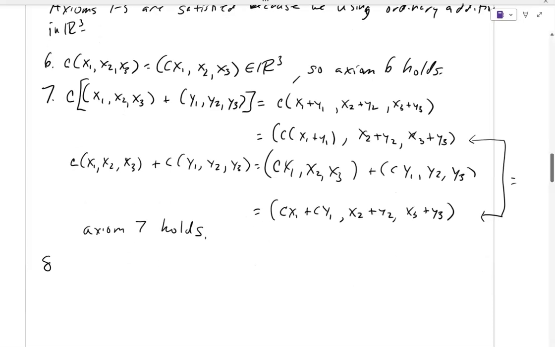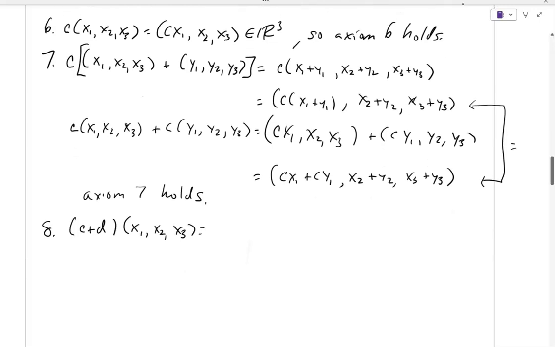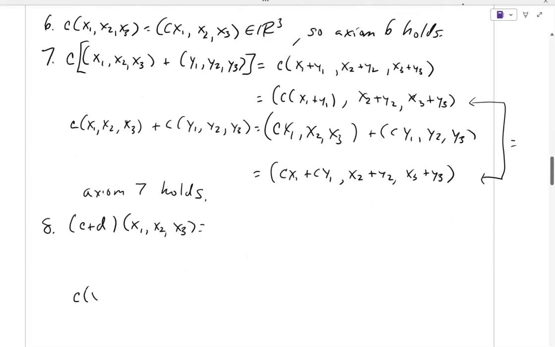Eight is the distributivity axiom the other way, right? It's (c plus d) times (x1, x2, x3), or c(x1, x2, x3) plus d(x1, x2, x3).